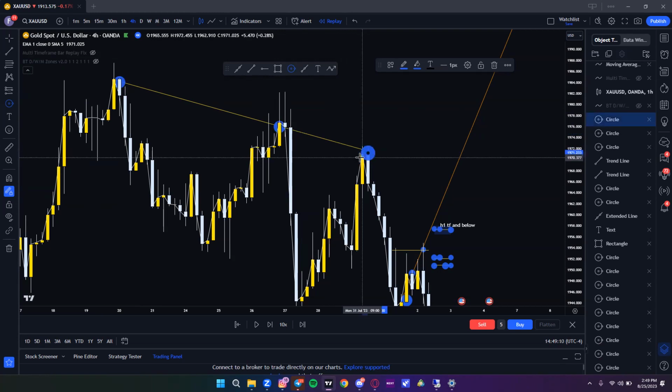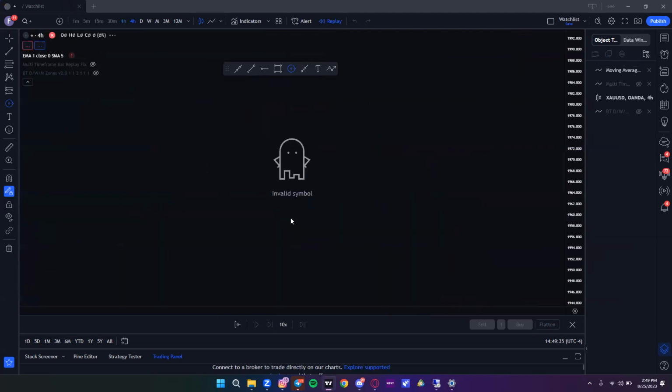We can all see that point A to point B is much bigger than point B to C. It's not equal. And with H4 and above, that is completely fine because the candles on H4 are heavier, they have more weight.